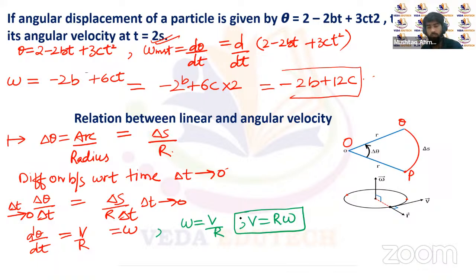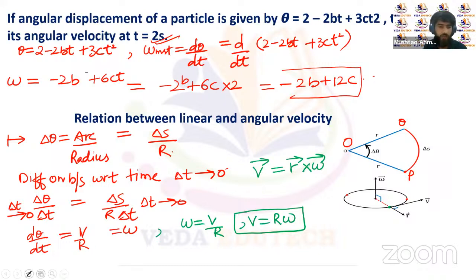Now the direction of this angular velocity is always perpendicular to the position vector of this particle with respect to the origin of this Cartesian system and the linear velocity of this particle. Or in the vector form, we can write the velocity v as r cross omega.